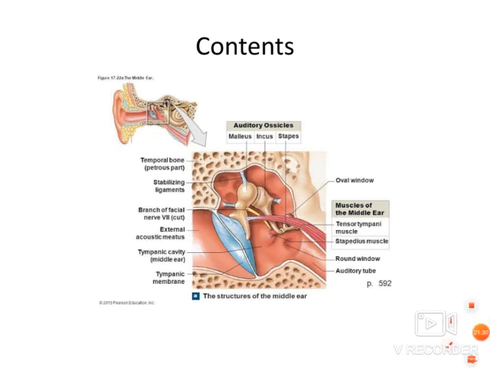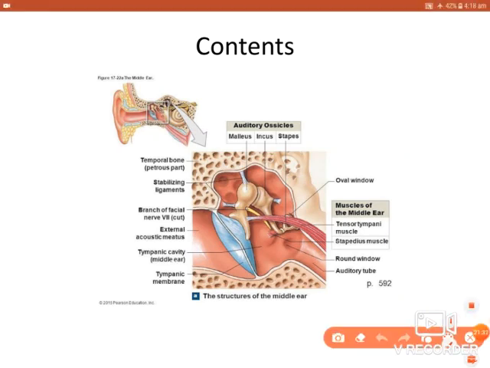Then the contents of the middle ear, which we already discussed. Here you can see the ear ossicles: the malleus, incus, and stapes. There you can see the muscles. This is the tensor tympani muscle, from the bony and cartilaginous part of the auditory tube or eustachian tube, attached to the handle of the malleus.